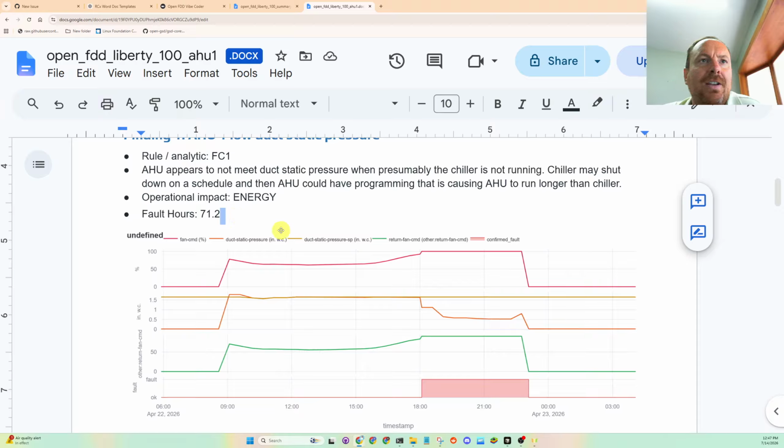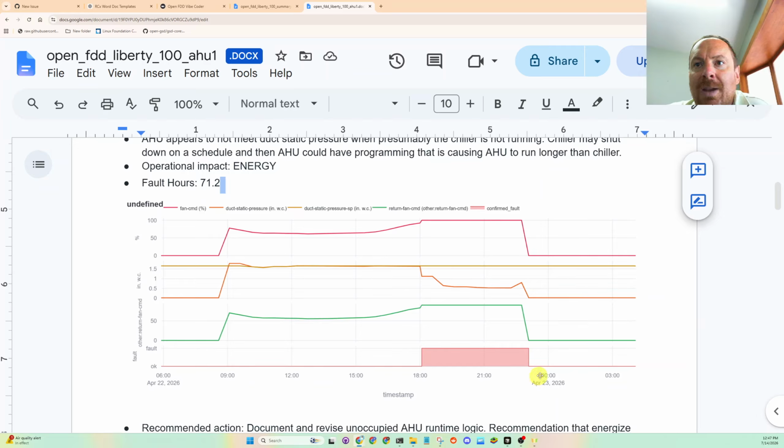At times the air handling unit appears to run longer, and the air handling unit does not meet duct static pressure during this time frame either. This is a common thing that I see. This is just 1 day, April 23rd, for example.